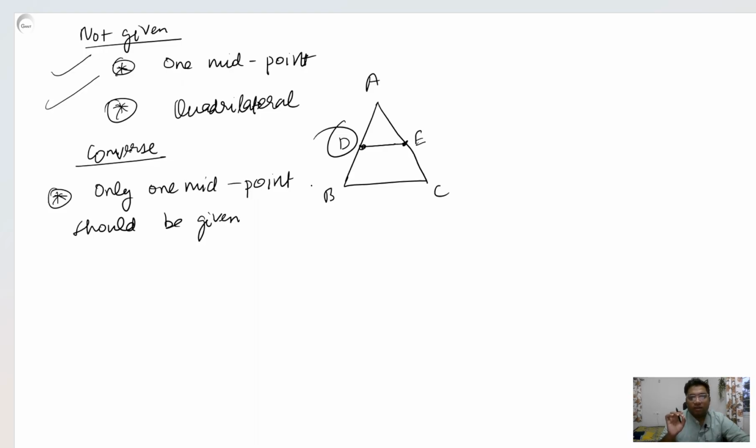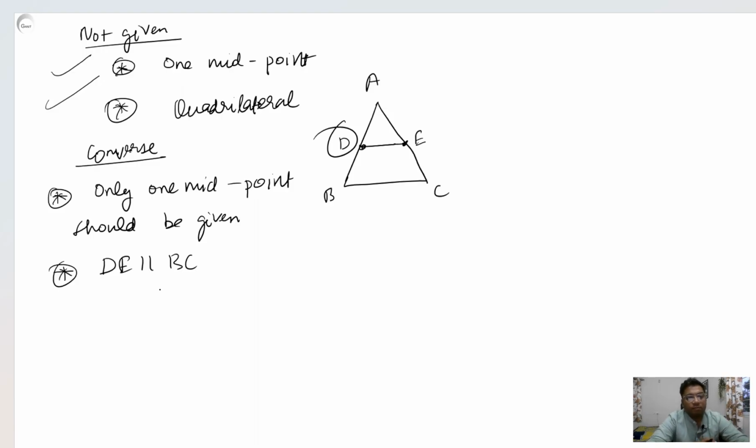So in the converse, what you have to spot is whether the question is giving me only one midpoint or two midpoints. Two midpoints means midpoint theorem. One midpoint, then converse is also in contention. That's also a part of the game now. Second point, DE has to be parallel to BC. So this will be given information now.